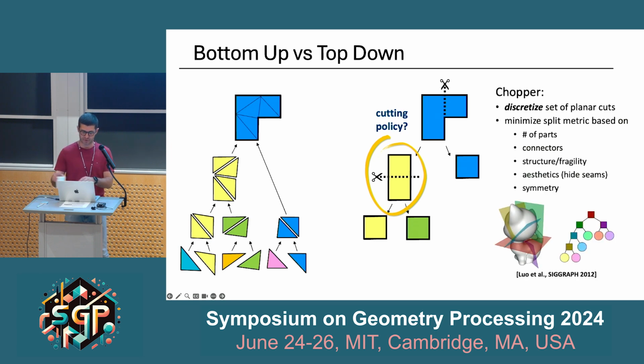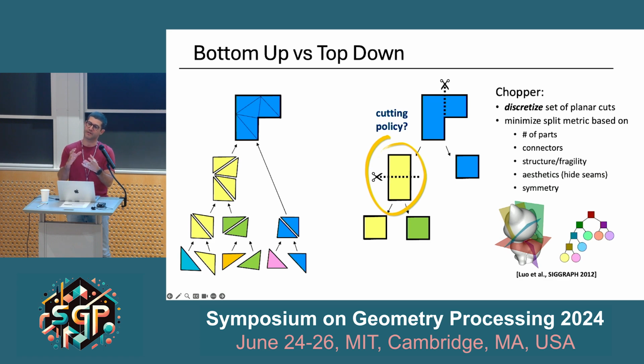A good example for these top-down approaches is Chopper. Essentially, what Chopper does is to take a slicing plane and to split the mesh in two. And the metric that they use to decide what is the best cutting plane to halve an object is kind of a mixture of different ideas. So you want to keep an eye on the number of parts.